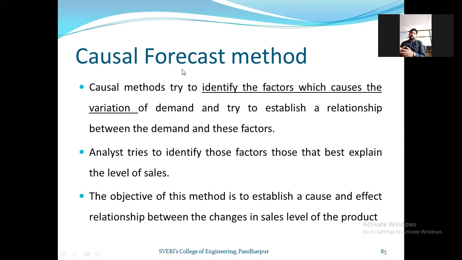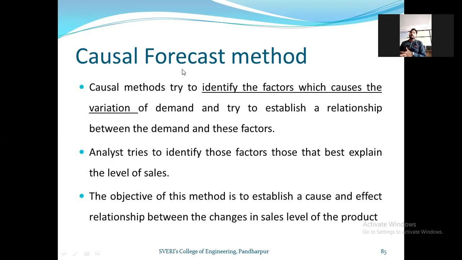So these are the various causes or reasons for the fluctuation of actual demand, or variation of actual demand from the forecasted demand. Because forecasting is the basis for planning. On the basis of forecasting, we are running our business, our production line, our shop floor.